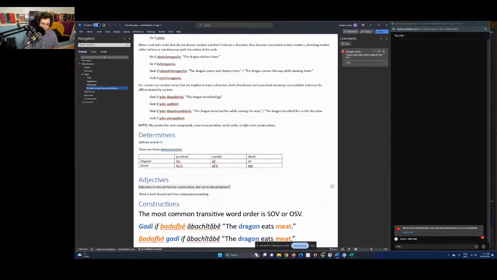I'll have to roll on the classifier table soon. But I kind of want to do numerals because I also did a poll. And I did a patron poll.